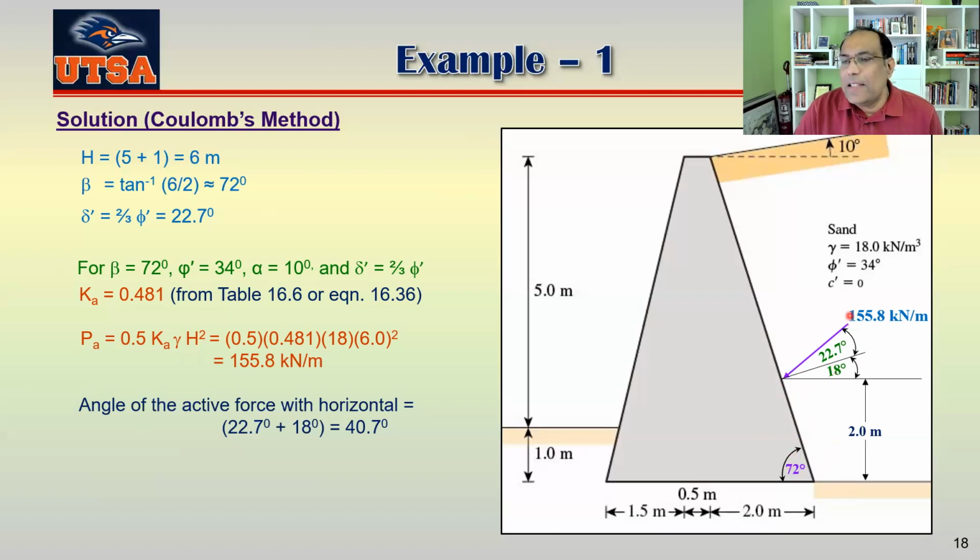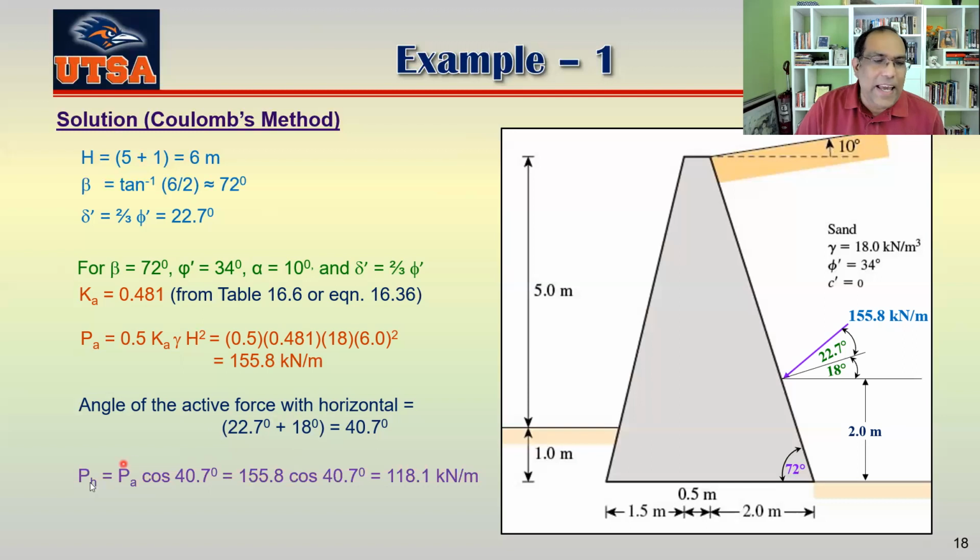And this Coulomb's active force always makes delta degrees with the perpendicular line. So what is that delta? That's 22.7. So this one is making 22.7 degrees with the perpendicular line. So basically your total angle with the horizontal is this plus this, which is 40.7 degrees.